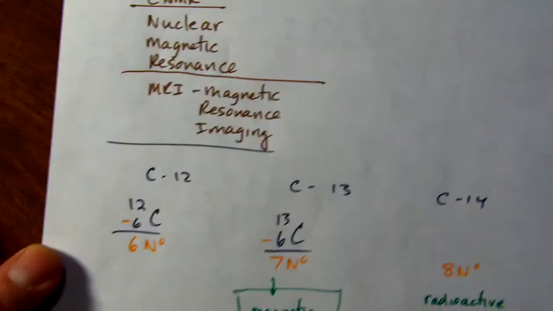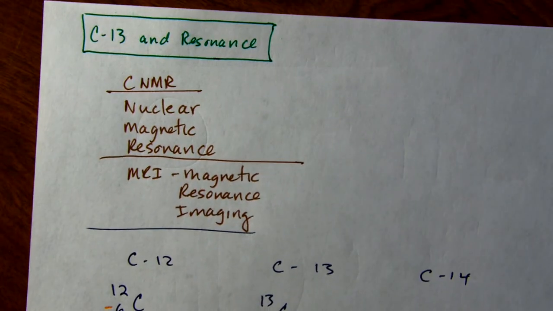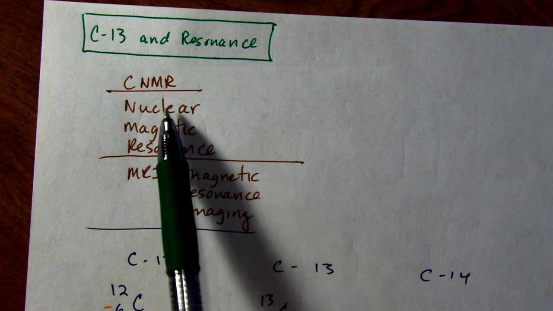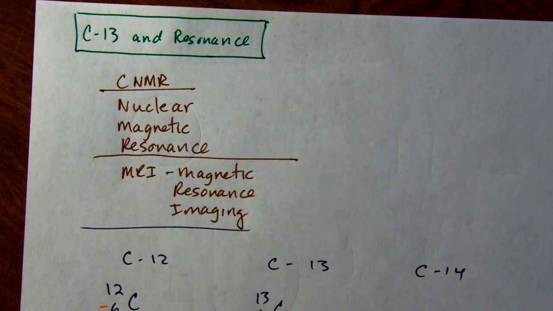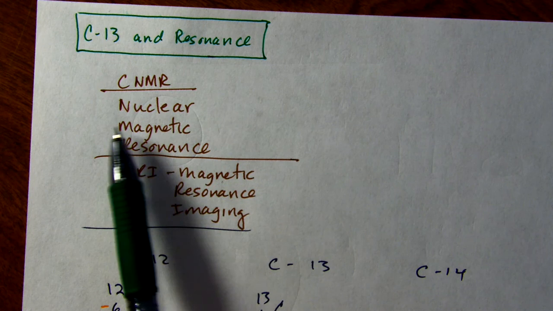Let's talk about what we just did, because you have got to understand carbon-13 resonance. Okay, the idea is that it's called nuclear because it's a carbon-13 nucleus, and they have magnetic properties, but that's only true about carbon-13.